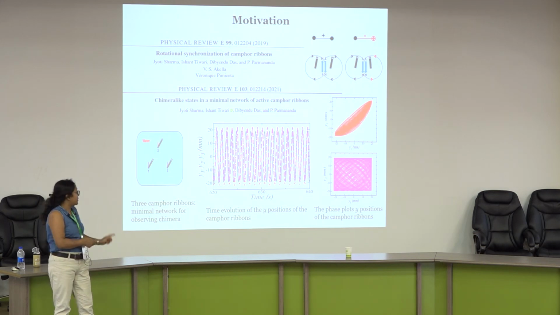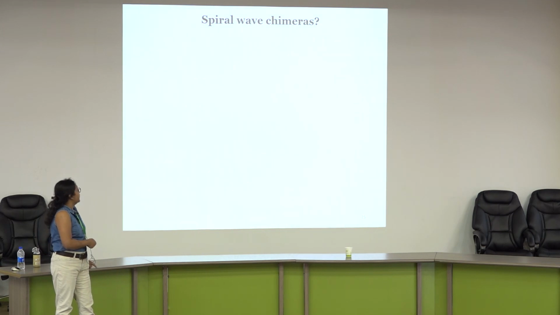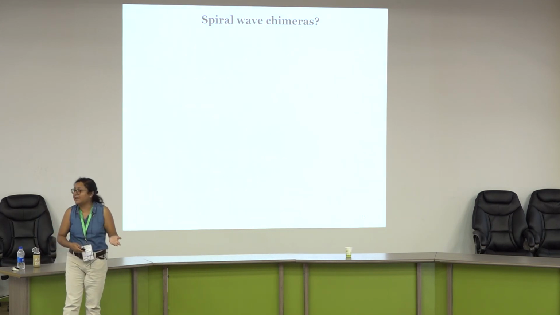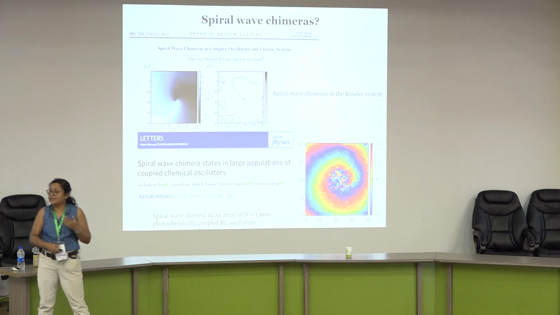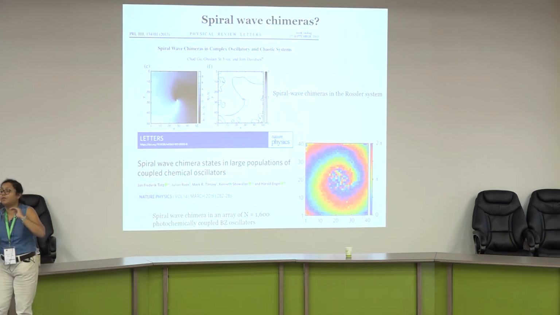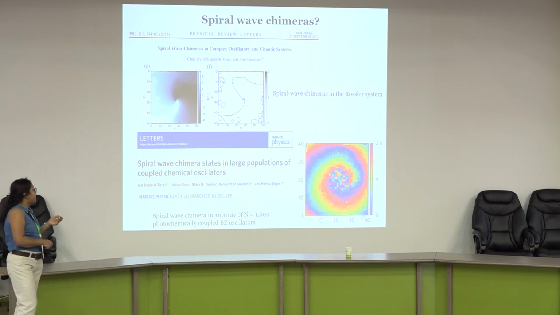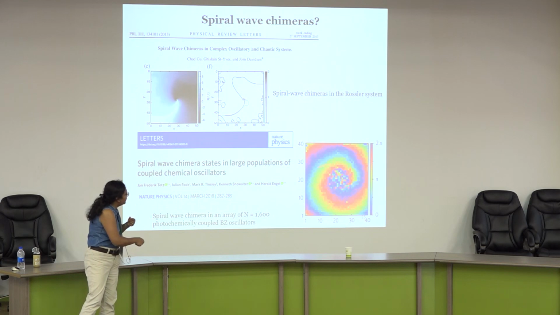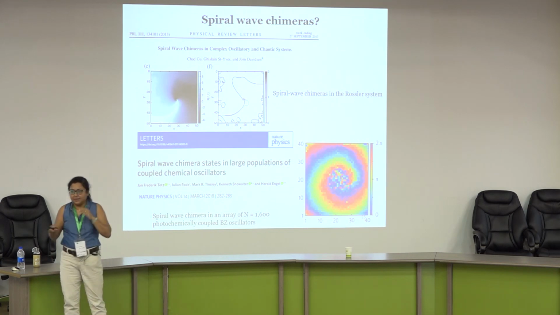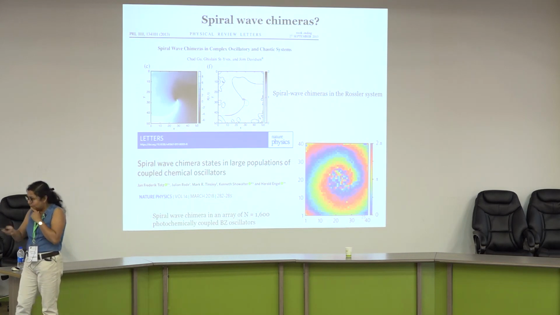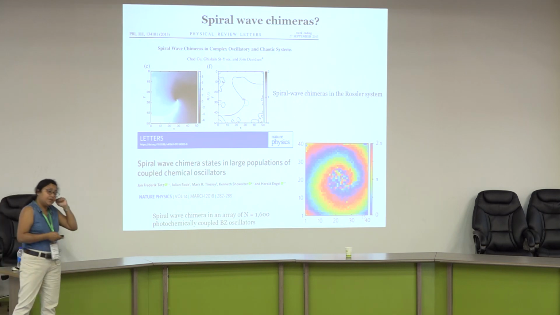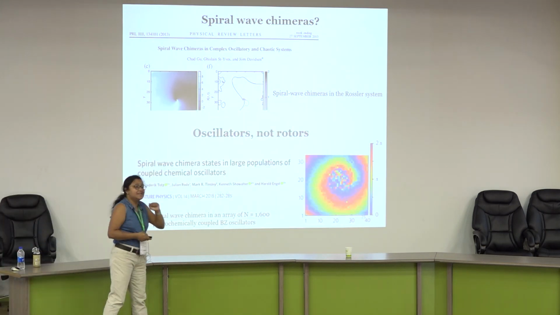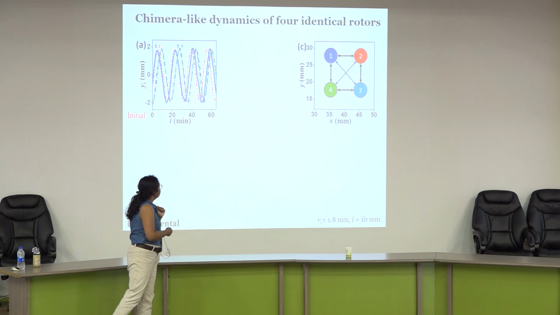That is where I thought about rotors of spiral waves, and I wanted to see if spiral chimeras existed. I knew that they existed in literature, but they were different from what we were looking at. These were chemical spiral chimeras, where each cell is an oscillator, and that gave the form of spiral chimeras. Edgar Knobloch talked about these too, but what we were looking at is spirals as rotors. So let us come to that.